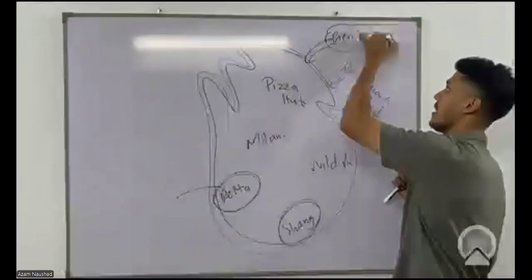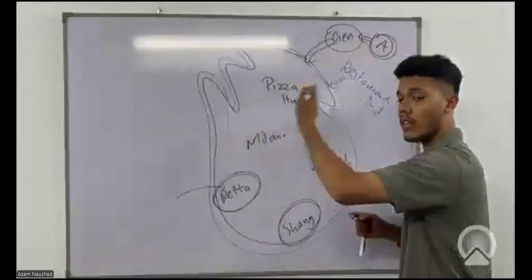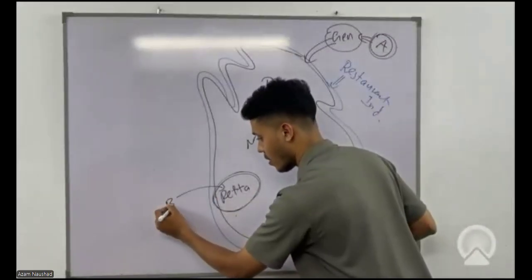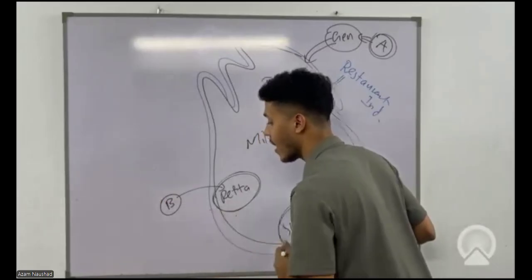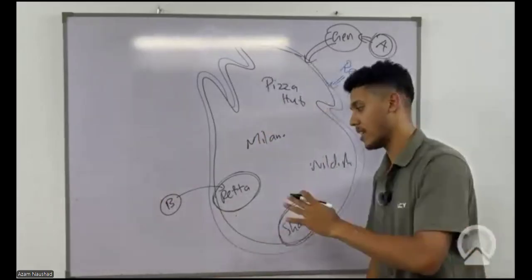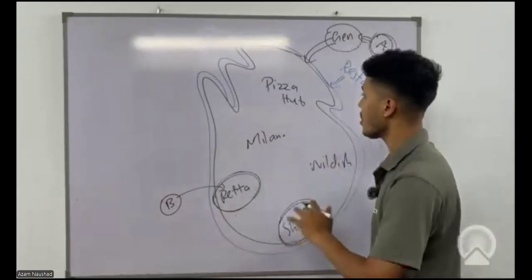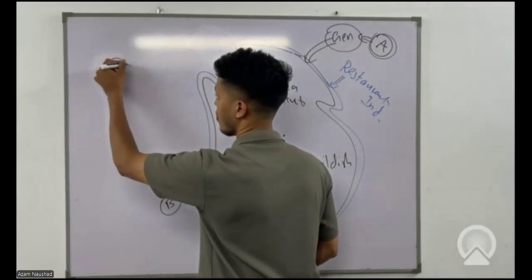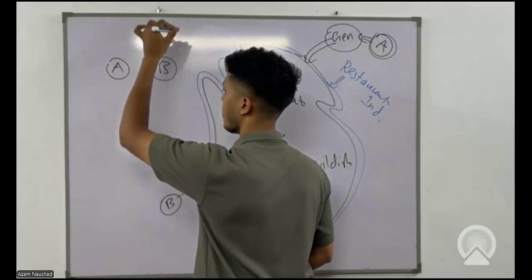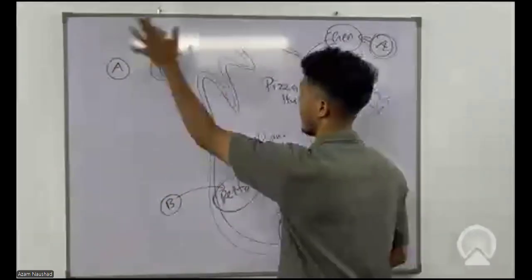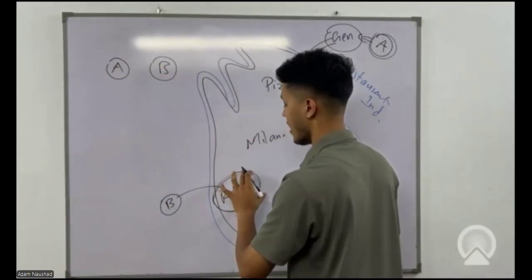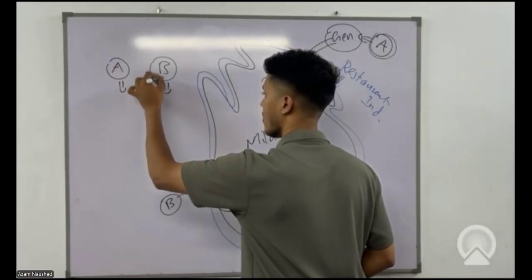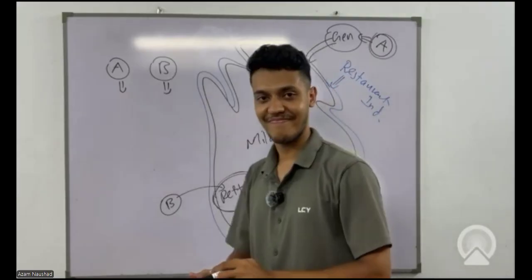So let me take that answer as A. On the other hand, describing only about Pettah, let me take that answer as B. So I'm asking which answer might be big and which answer might be small. So this is answer A, this is answer B. The general answer is A, and this particular specific answer is B. Which one is big and which one is small? That's my question for you.